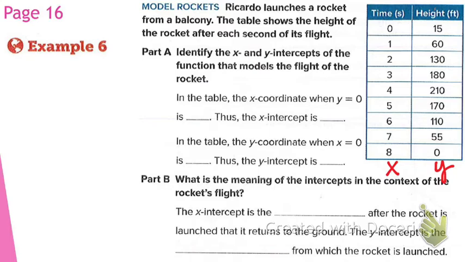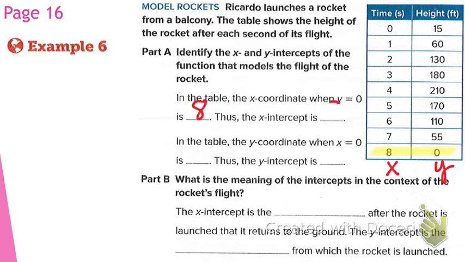Okay, so in this table, the x coordinate when y is 0, that would be this right here. What is the x value when y is 0? 8. So the x coordinate when y is 0 is 8.